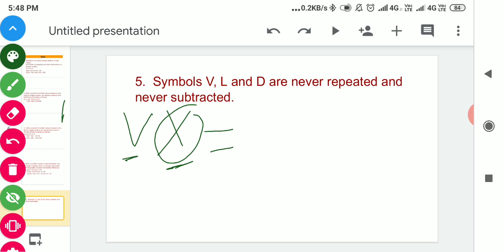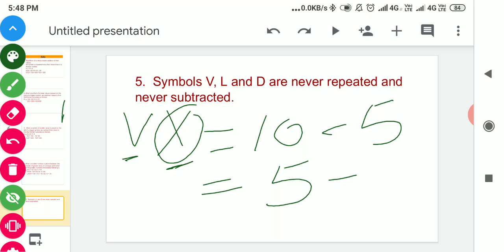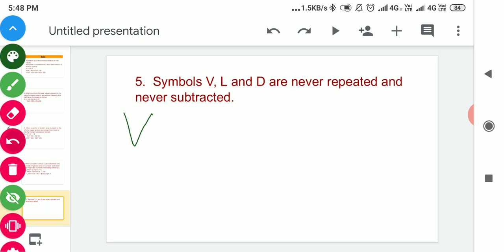So we will subtract 10 minus 5. The answer will be 5. But we know 5 is denoted as only V. So we cannot denote any Roman number with two symbols, that is V and VX. So it means VX is wrong. So we cannot subtract.